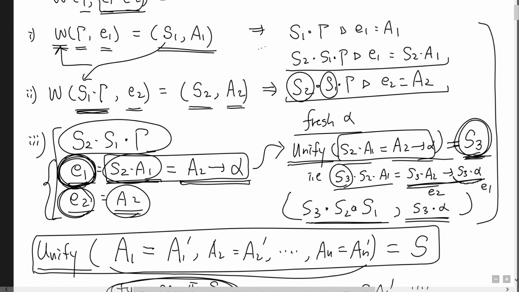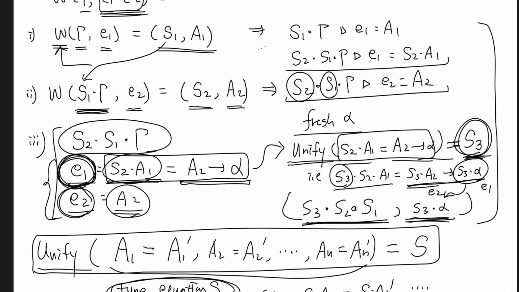So the return type is going to be S3 alpha, and the type substitutions accumulated so far is written this way. So this is how we type the expression E1, E2 under algorithm W.